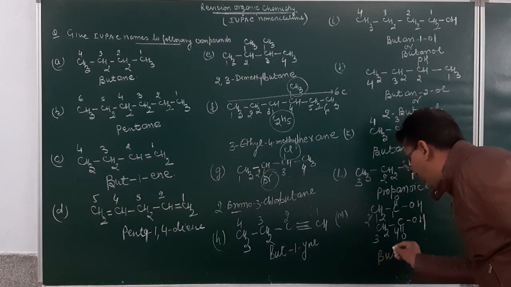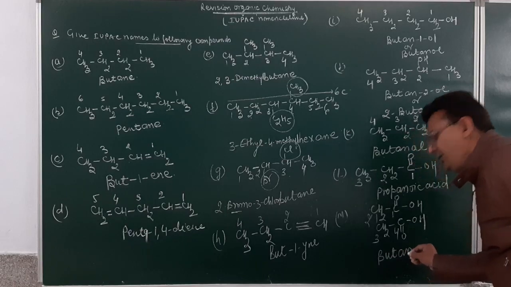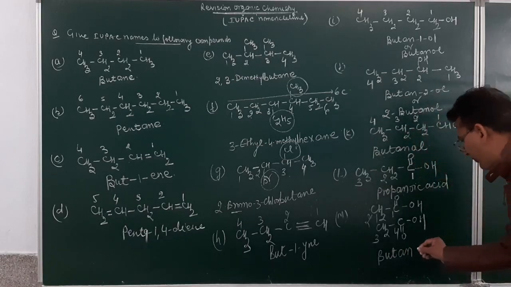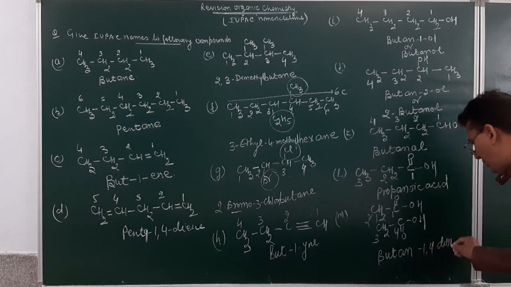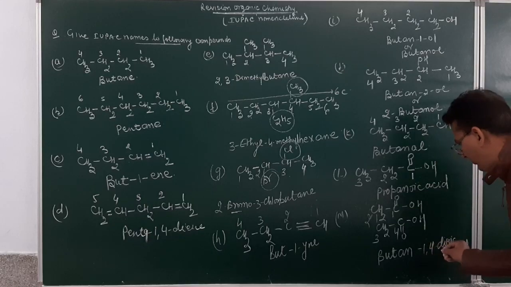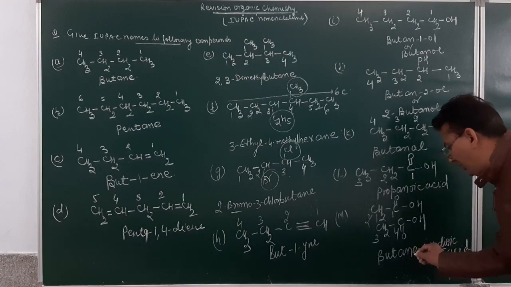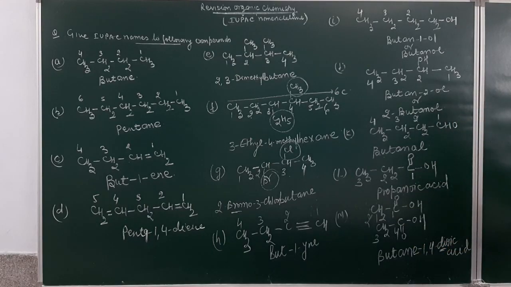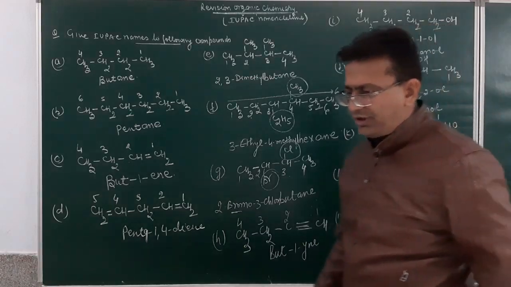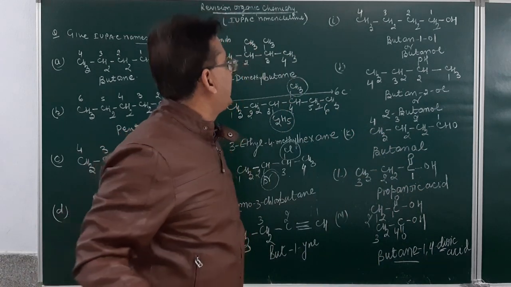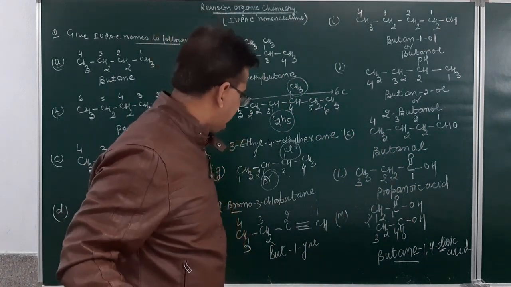It will be but. Single bonded, ane. At 1 and 4 number, what is present? 1, 4. This will be di, oic and acid. Since it begins with the letter d, it will be butane 1,4-dioic acid. Am I clear, student, over here? So the name of this group will be given as butane 1,4-dioic acid.